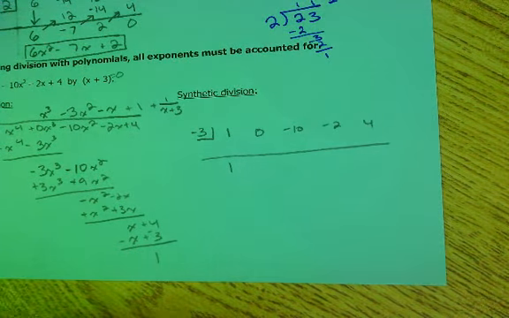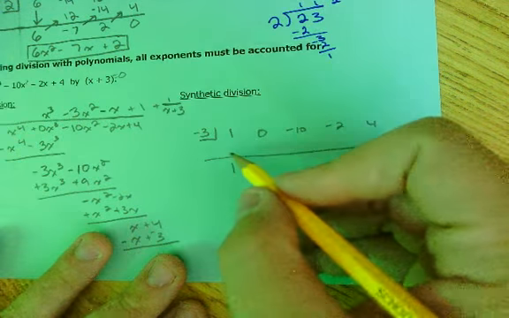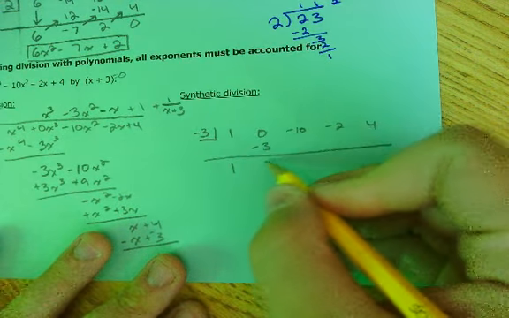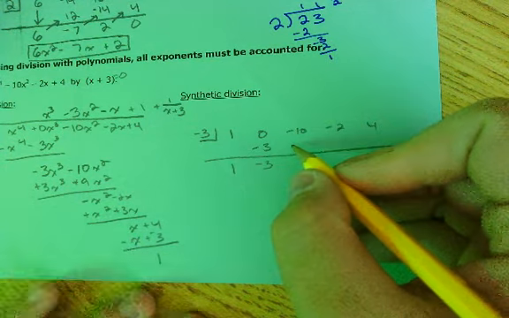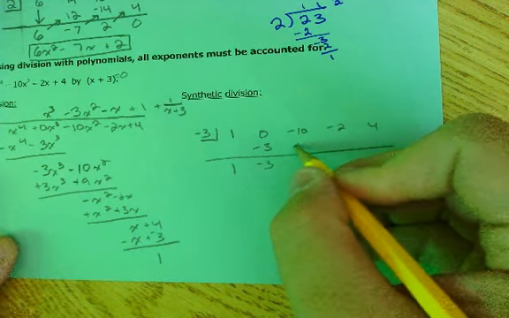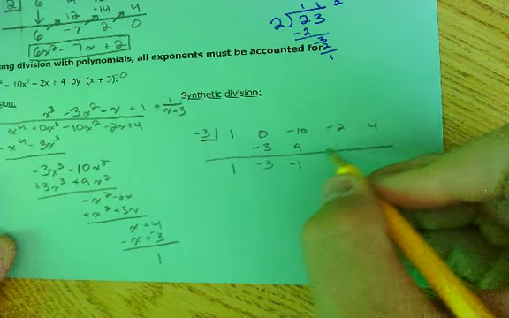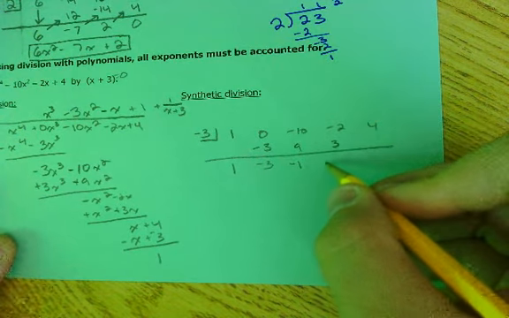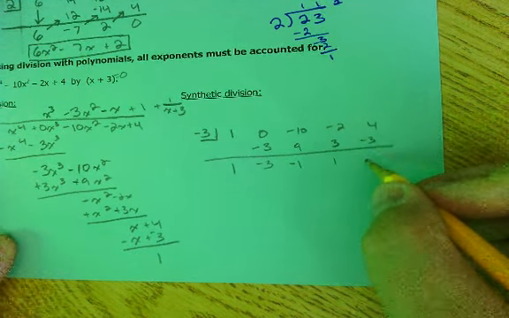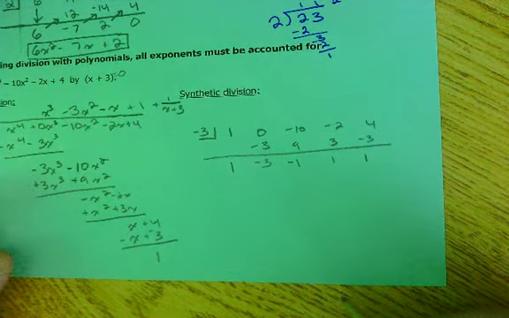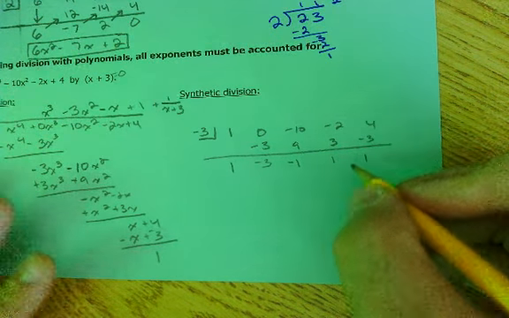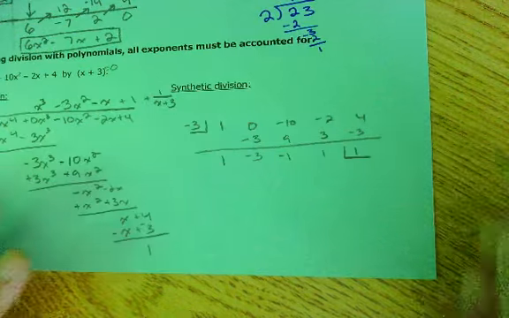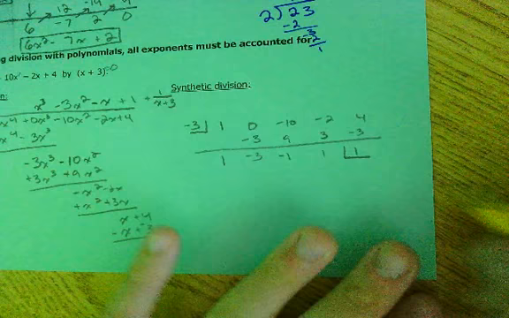Alright, so this is how you set it up. Drop the 1, multiply, add, multiply, multiply, multiply, 1. I would usually put this in a box so you understand that he's kind of its own dude.